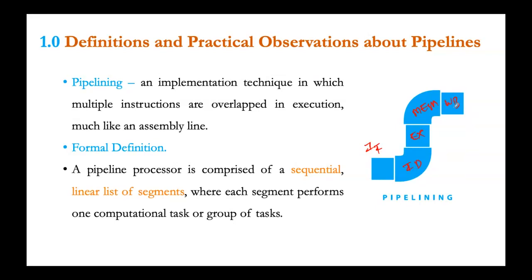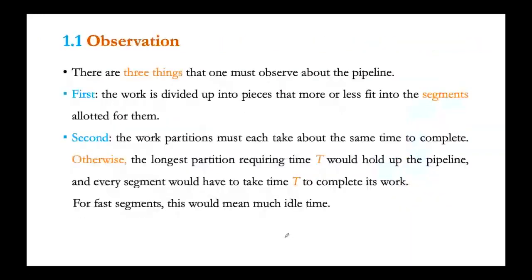If you recall, pipelining is an implementation technique in which multiple instructions are overlapped in execution, much like an assembly line. The formal definition says that the pipeline process comprises a sequential linear list of segments, segment 1 to segment 5, where each segment performs one computational task or a group of tasks.